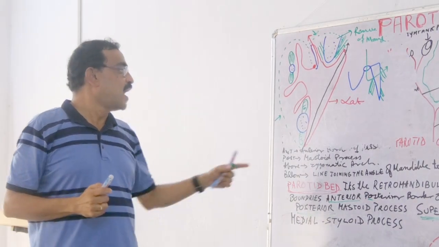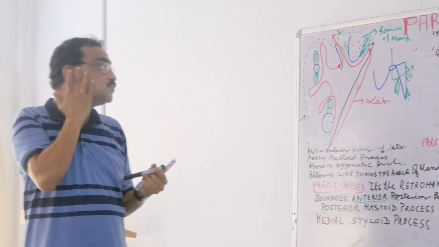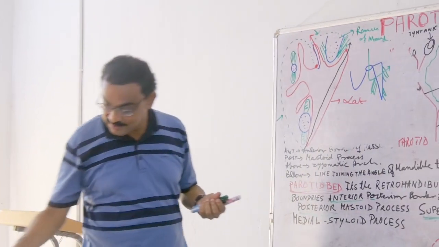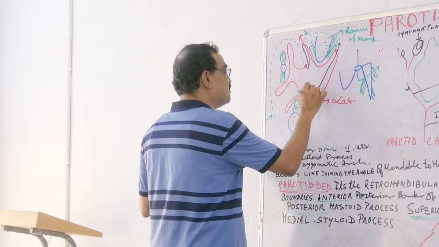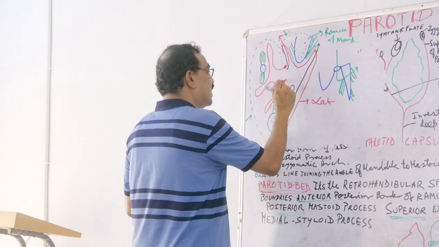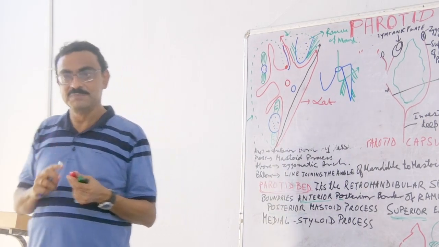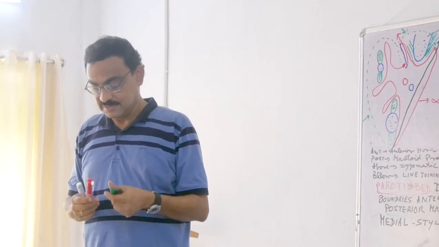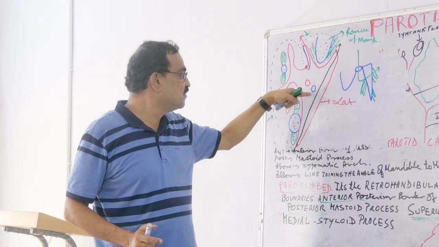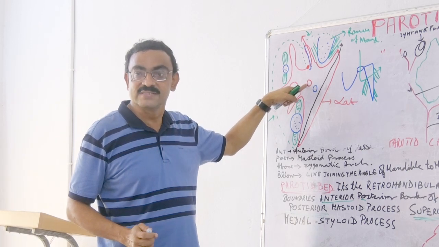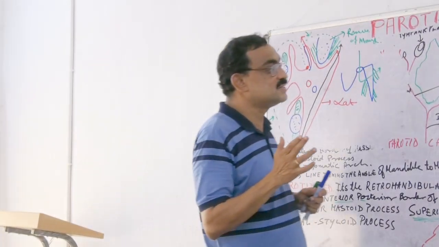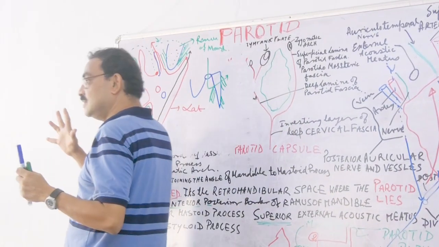Ultimately we get, absolutely superficially, the facial nerve, then the vein, and then the artery. So from superficial to deep: nerve, vein, and artery. This is the facial nerve, this is the retromandibular vein, and this is the external carotid artery. Now this facial nerve actually divides itself.